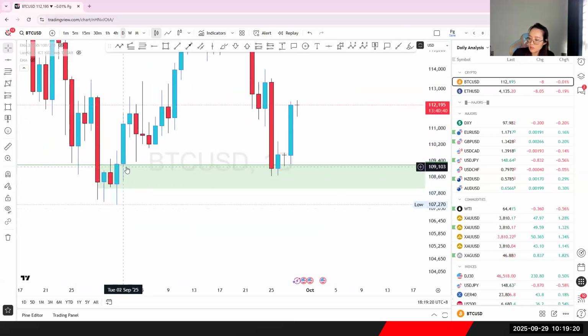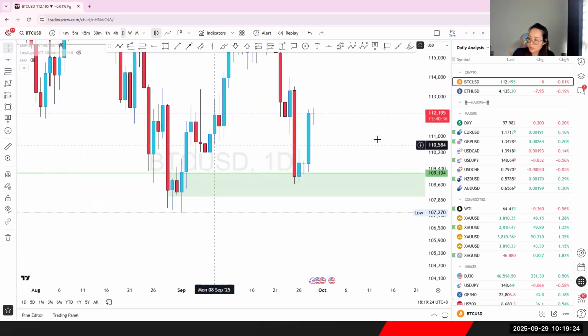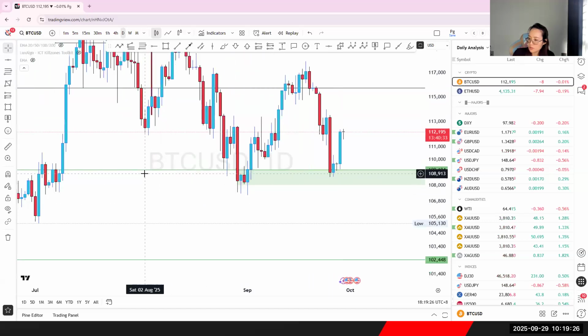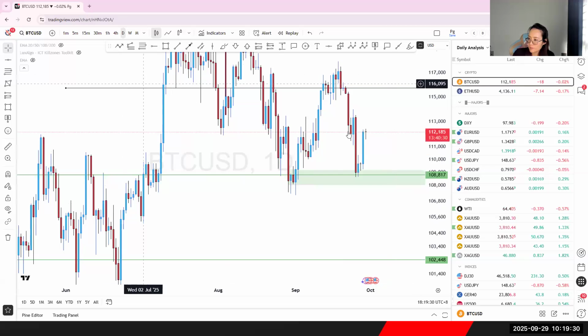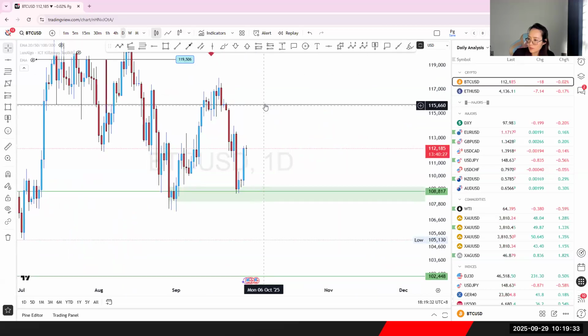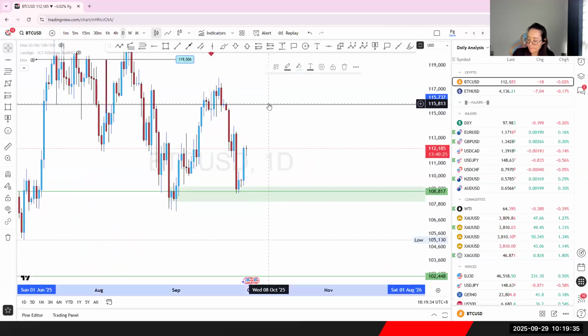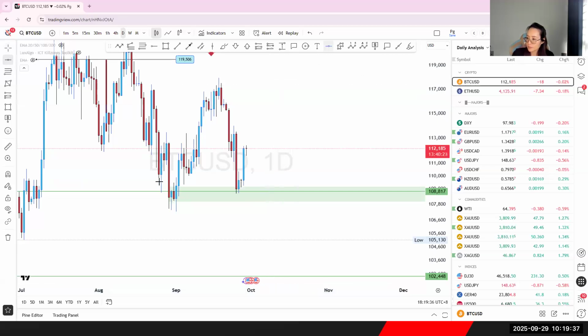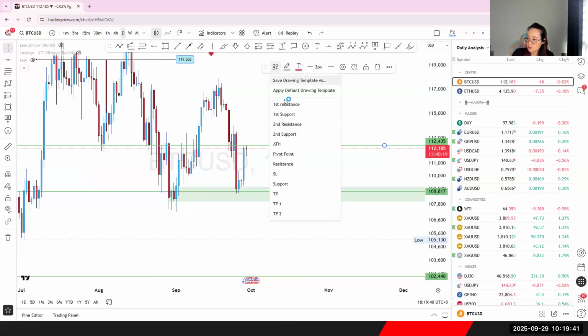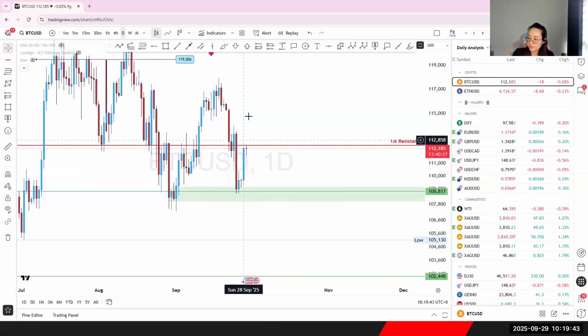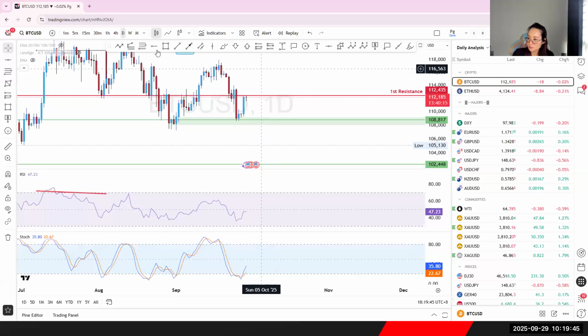Even though the OB has already worked out because this one went down to the box, right? But this is the demand zone, or you can say that this is your support level in D1. I would say this is going to be the sell entry of first resistance for BTC.